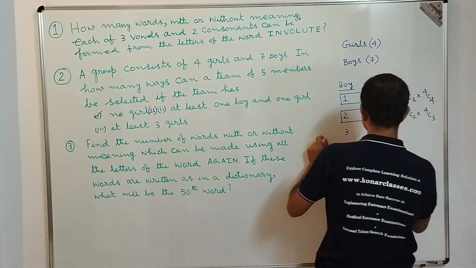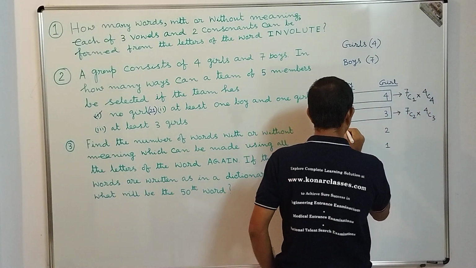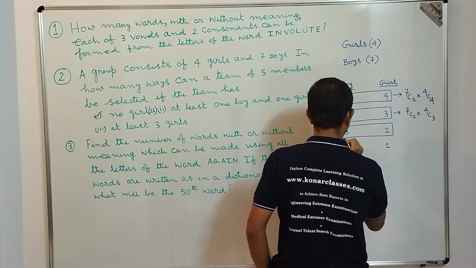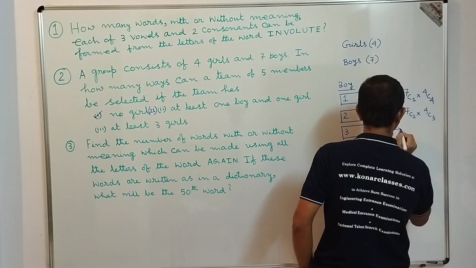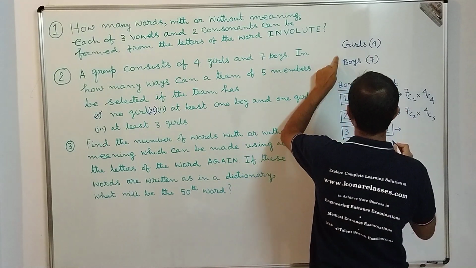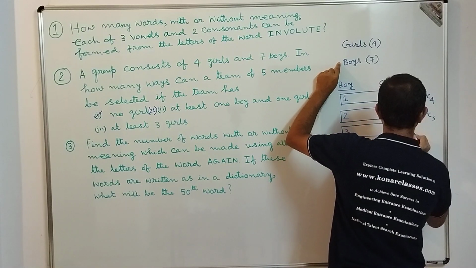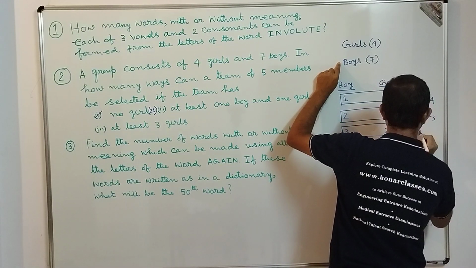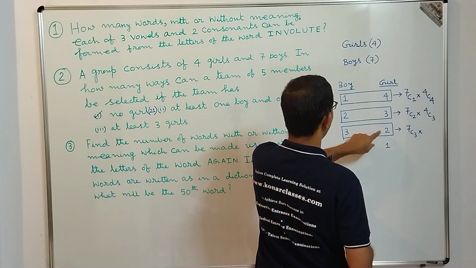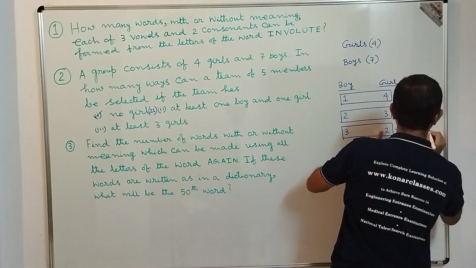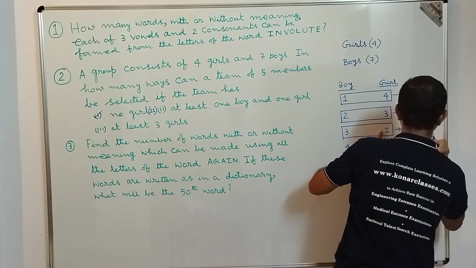Correct, dear students? In a similar manner, for the third criteria, we can select 3 boys from the set of 7 boys in 7C3 ways, and for each such selection, we can select the 2 girls from the 4 girls in 4C2 ways.